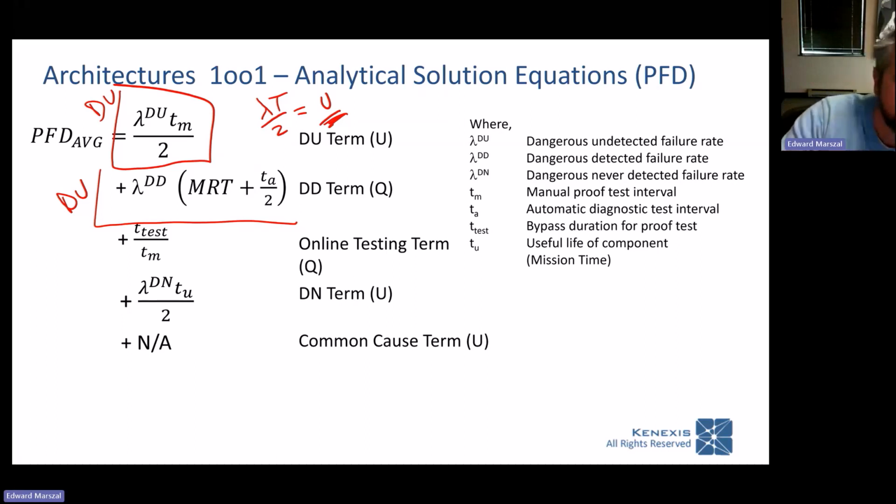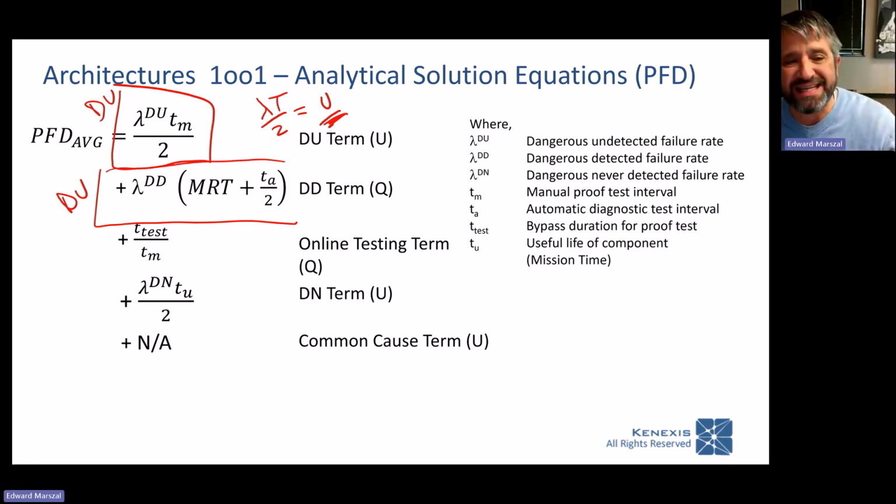Okay. All right. So the DU term, always there. The DD term is not always there. There are two reasons that you're going to need to use the DD term. The number one reason, I'll just start drawing here, is diagnostics.